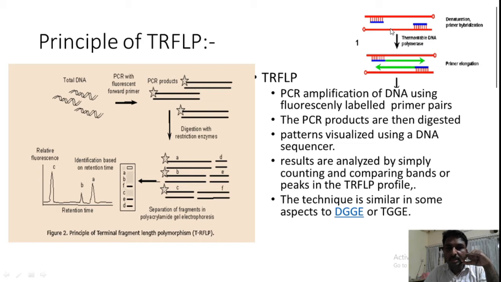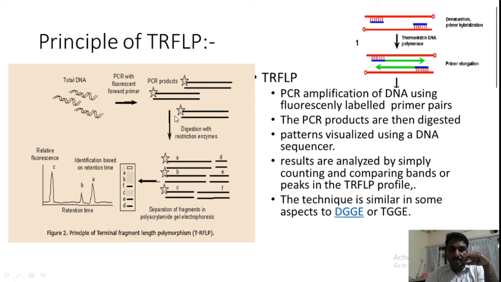But normally there is no need to use both the forward and reverse primers as labeled. Here in this picture we have used only one primer, maybe forward or reverse, linked with the fluorescence. So see here at the 5' end, fluorescence over here.